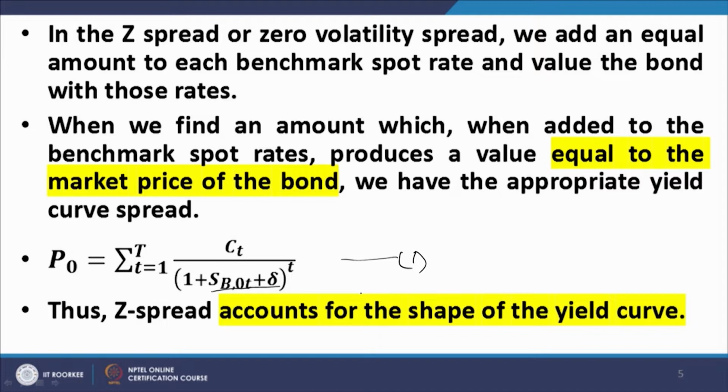In other words, what we are simply doing is lifting the G spot yield curve by an amount delta across the entire spectrum of maturities, that is, lifting it parallel to itself. We lift the spot yield curve for government securities parallel to itself by an amount delta, and the new rates in the lifted curve are used for discounting the cash flows of the risky bond.